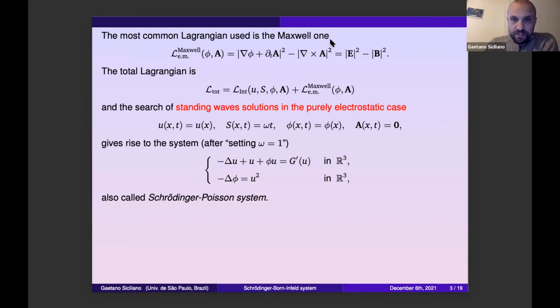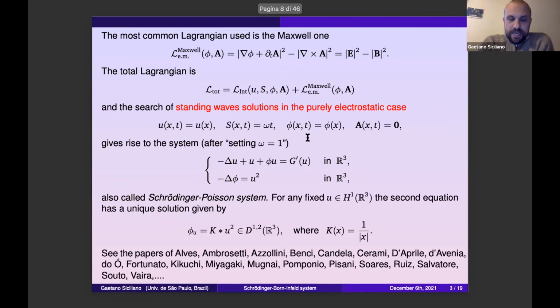In this kind of system, the second equation is solved by a convolution with a very well-known function, the fundamental solution of the Laplacian, right? Which is 1 over |x|, which has well-known properties, it is well behaved.